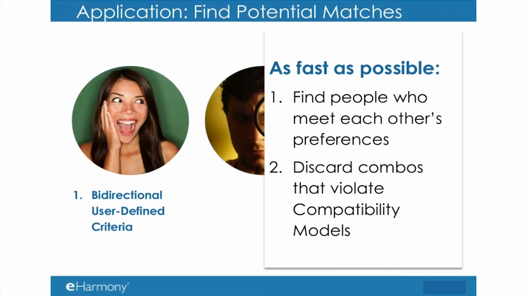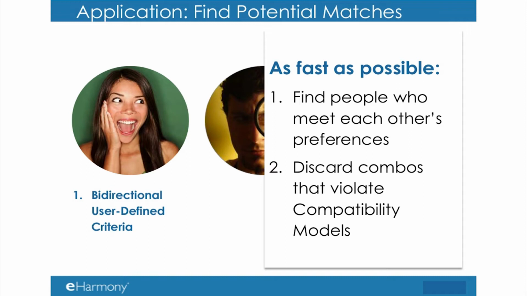But what we're going to be talking about tonight in the rest of this talk is kind of the first half of this. The family of applications where we use MongoDB is about creating a set of potential matches for each person on the site. Other people that could be given to them as matches if the conditions are right in the matching pool at a particular point in time.